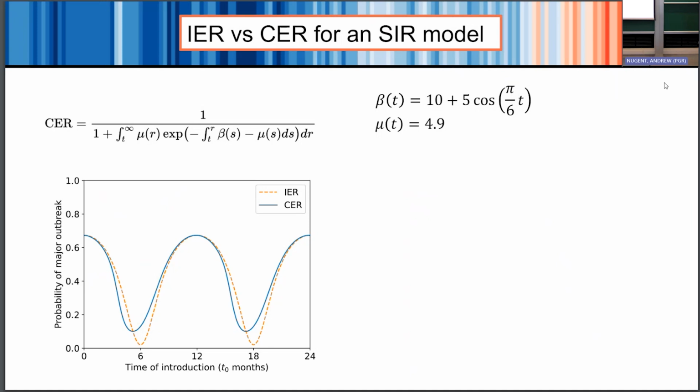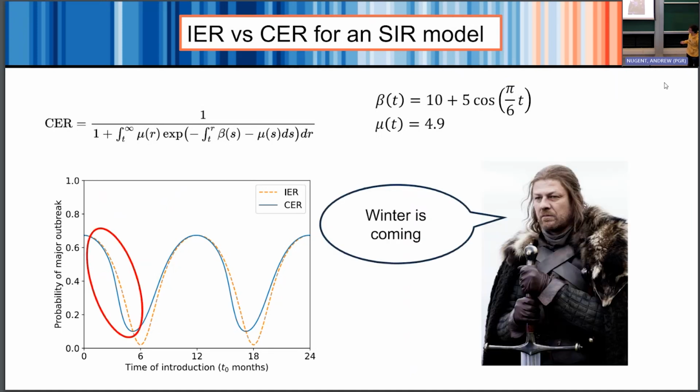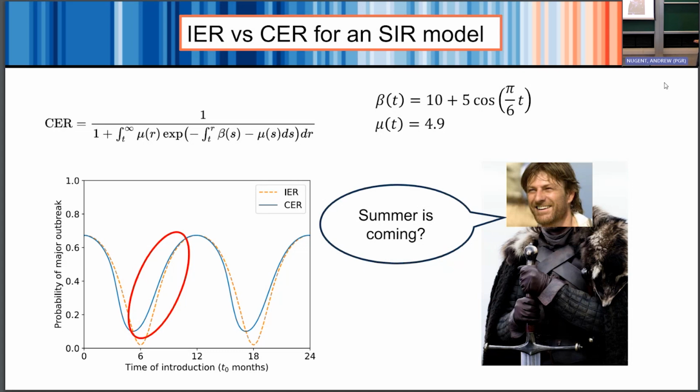The most interesting thing here is something called the winter is coming effect on the far left of the plot, where the blue CER is below the orange dotted IER, because the CER looks ahead into the future and sees that transmissibility is going to get lower, and so it accounts for that. There's also a less catchy effect, which is summer is coming, where the CER is greater than the IER because it looks ahead and sees that transmission increases in the future.